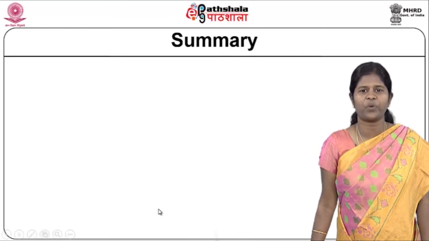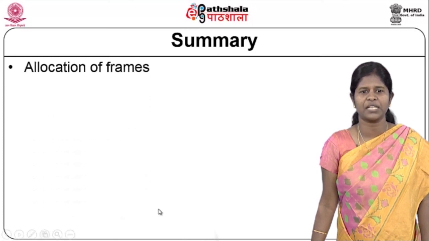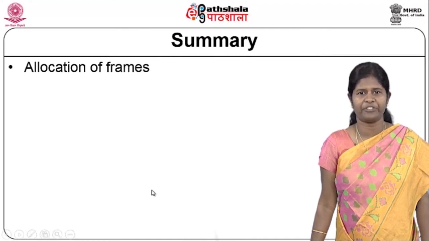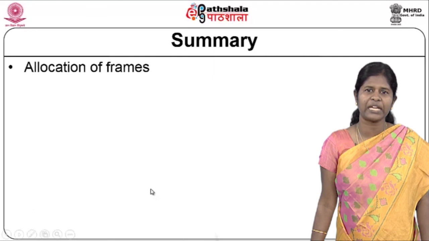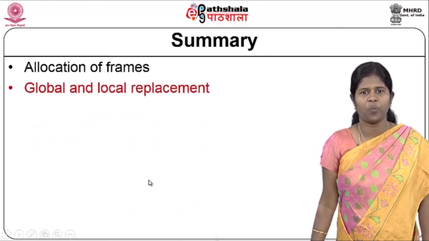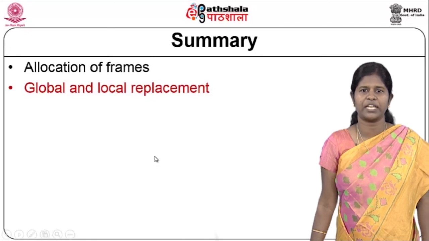We will summarize whatever we have learnt in this class. We learnt about allocation of frames, that is, given a set of free frames in the physical memory, how do you allocate them among the processes that need them? While replacing pages, there are two possibilities.